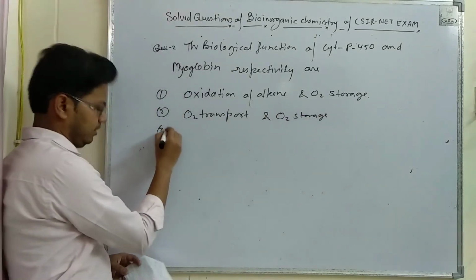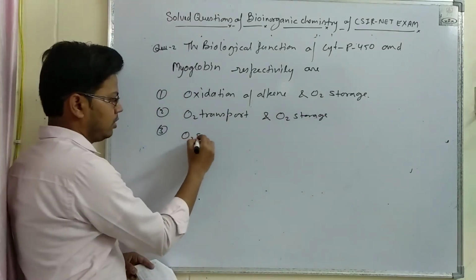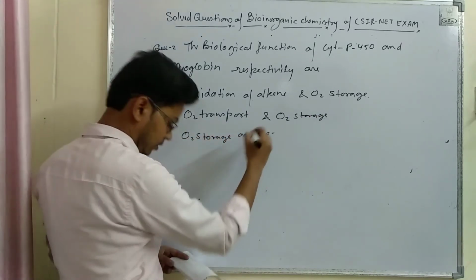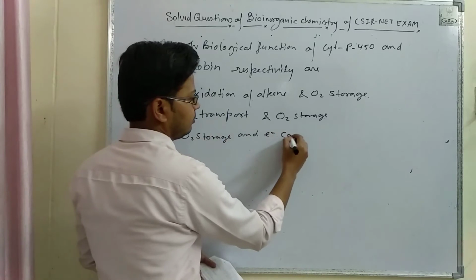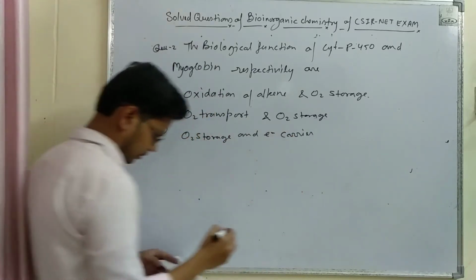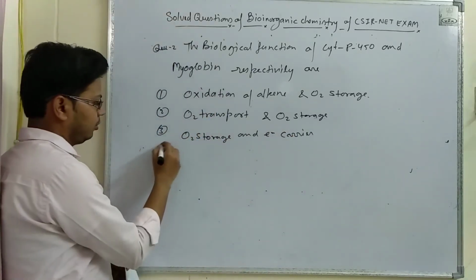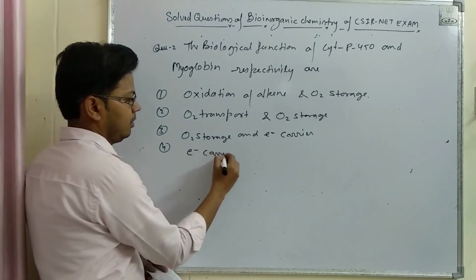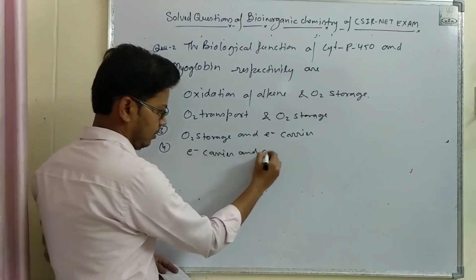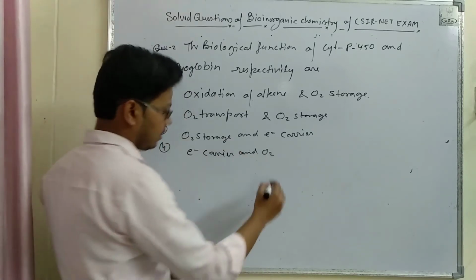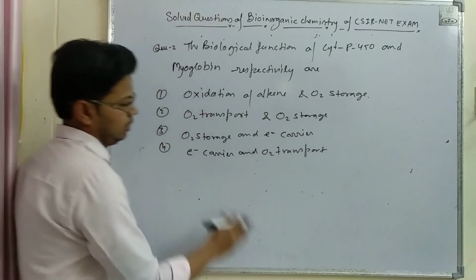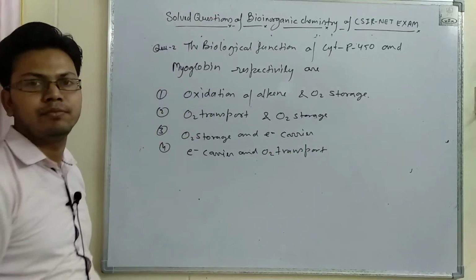The third option is O2 storage and electron carrier. The fourth option is electron carrier and oxygen transport. Okay, which option will be the correct?